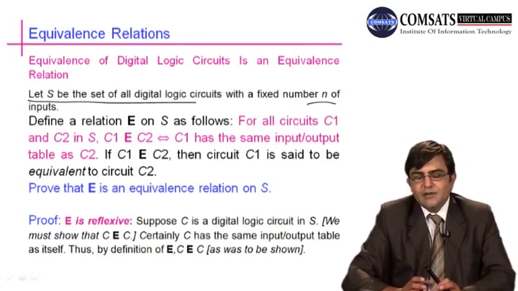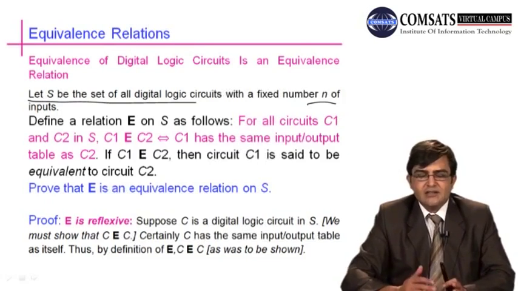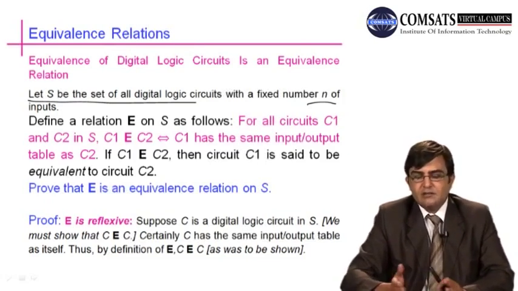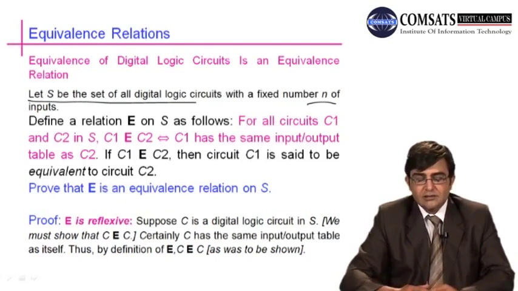So inputs must be the same. In this set, all the digital logic circuits have the same inputs, that is, if there are two propositions, then they have four possible inputs.